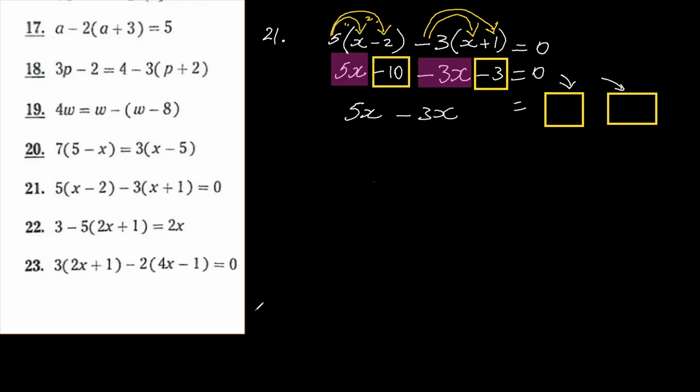All right, so Tarisha, let's see what you have. When you take the 10 across, it becomes positive 10 on the other side. And the negative 3 becomes plus 3.